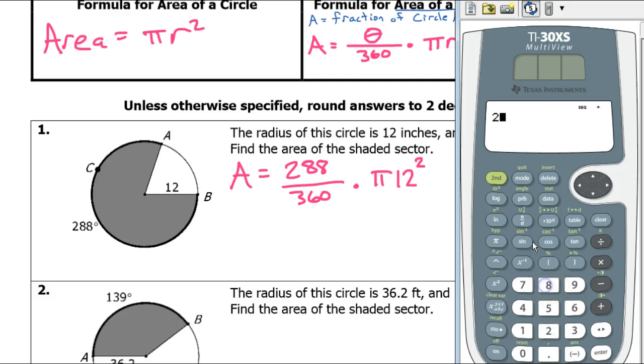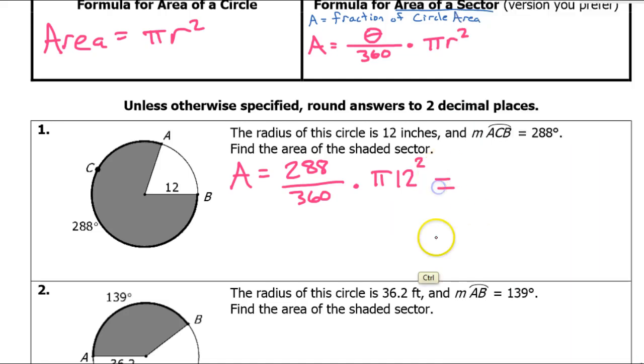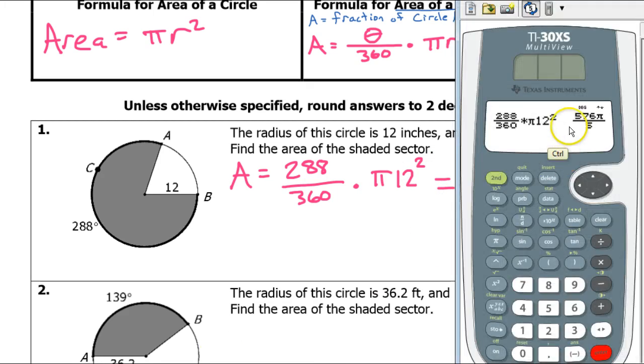So 288 out of 360 times pi 12 squared. Boom. Well, they went ahead and gave me the exact answer. That's nice. Maybe I'll write that down just for fun: 576 pi over 5.